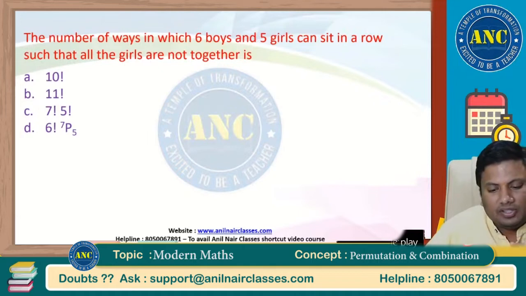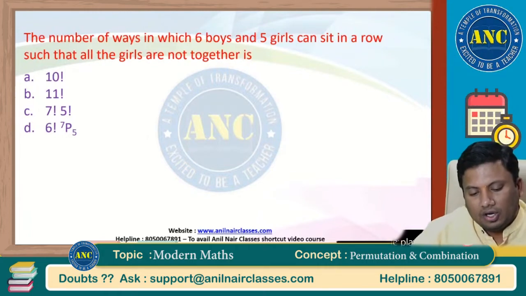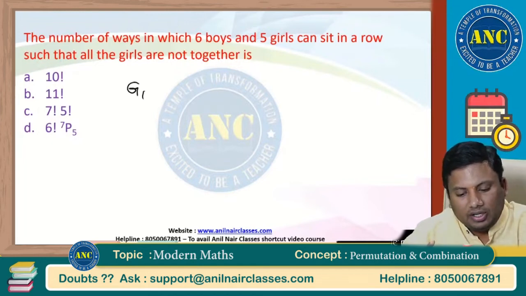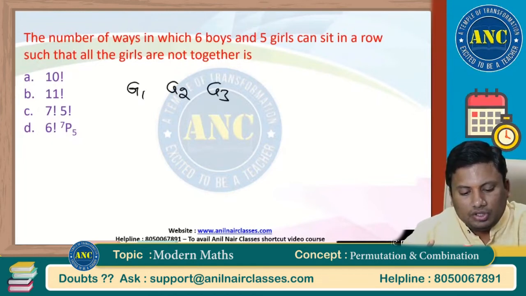Or otherwise you can also do it like this, sir. Now see here. All the girls are not together. So G1, G2, G3, G4, G5.